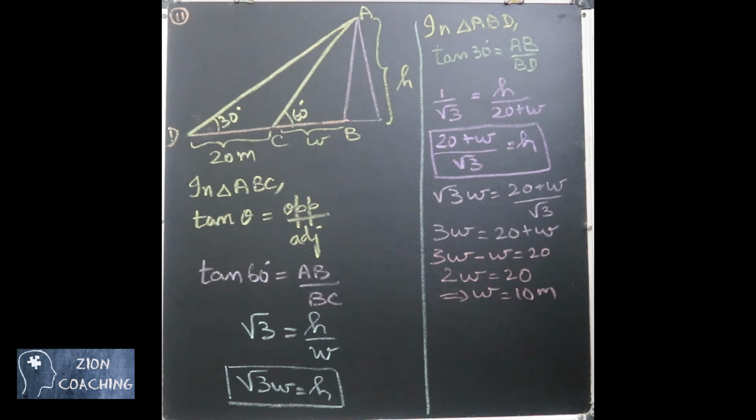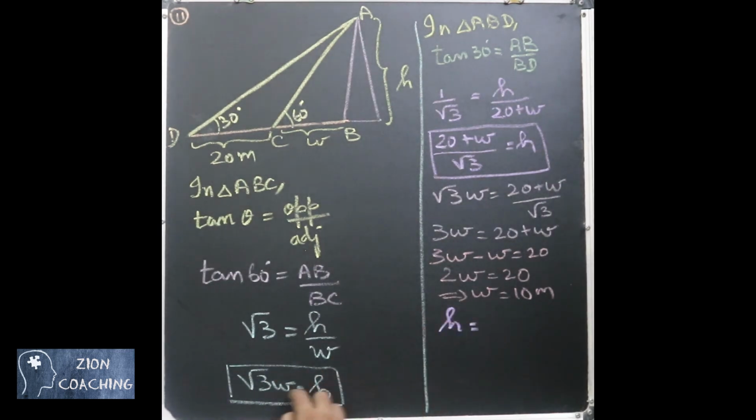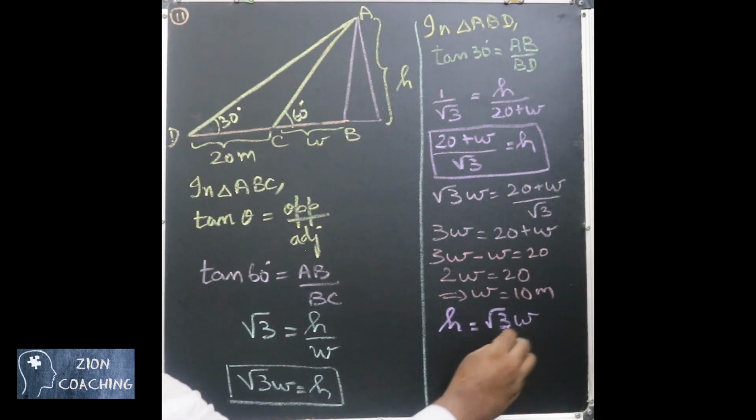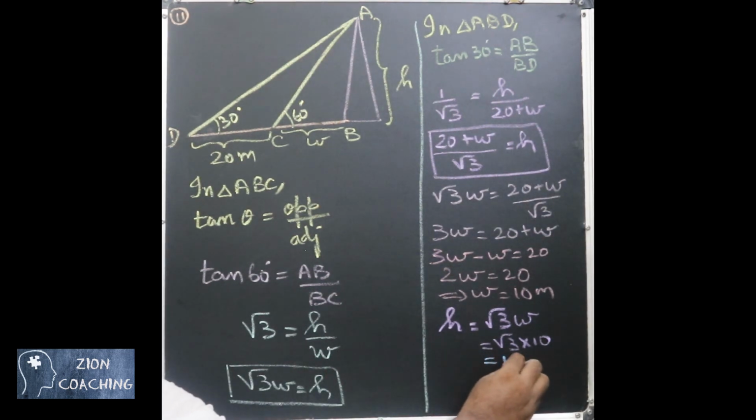Using that we are going to find the height of that TV tower. Height of the TV tower is given by H is equal to root 3 into W. So it is going to be root 3 into 10. Now we have found the height of the tower, it is going to be 10 root 3 meter.